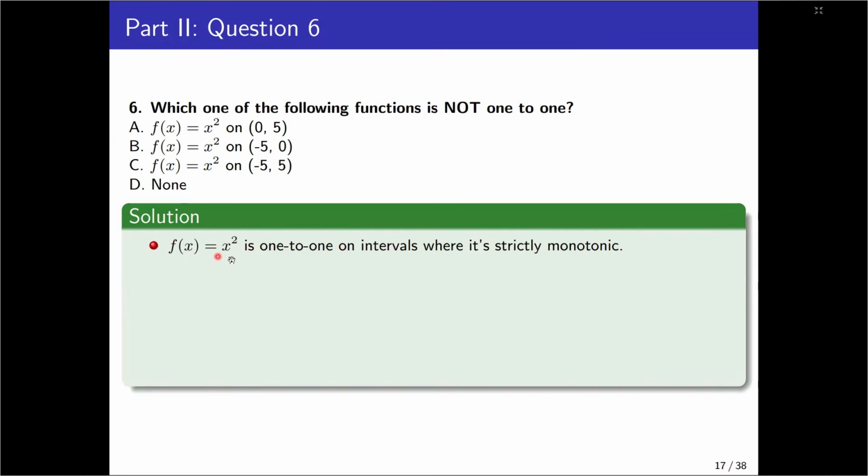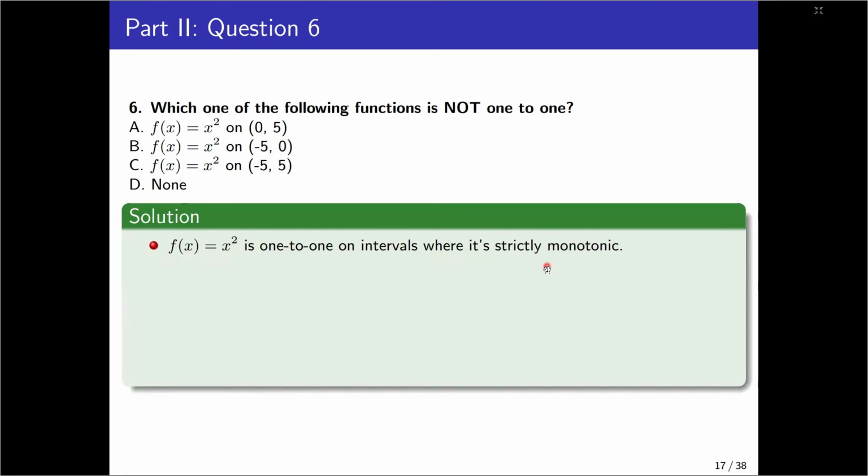We know that f of x equal to x squared is one-to-one on the given interval whenever it is a strictly monotonic function, that is, an increasing function or a decreasing function.